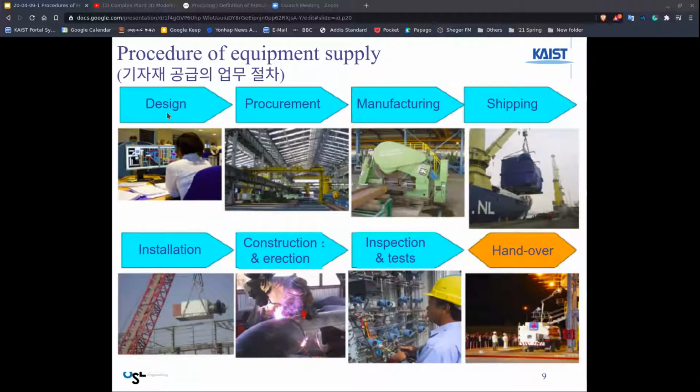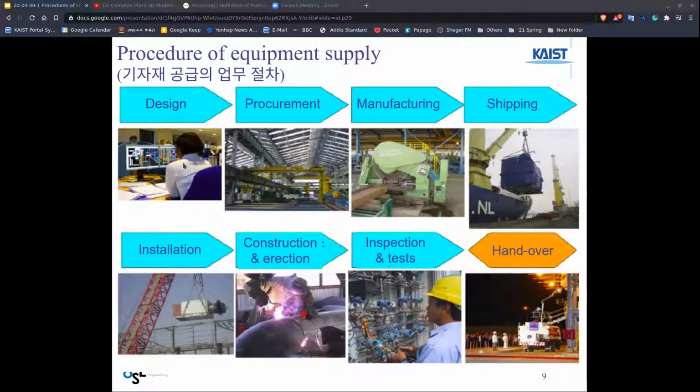Those things need to be manufactured, and then they are shipped, and there is installation by the equipment suppliers. Then there is construction and erection. Usually this is done when engineers from both the equipment suppliers and the contractors are present, and then there is inspection and testing, and then handing over to the main contractor.